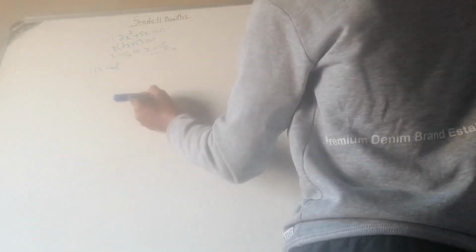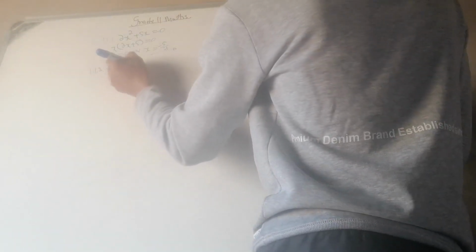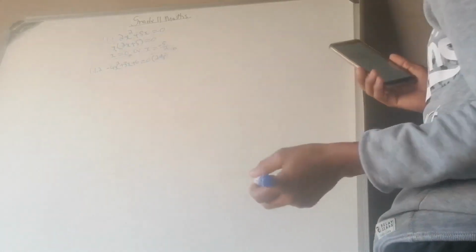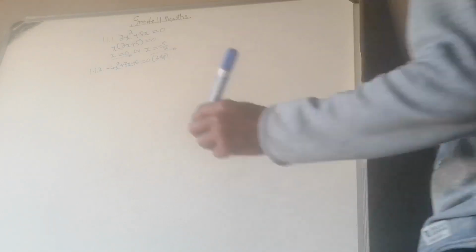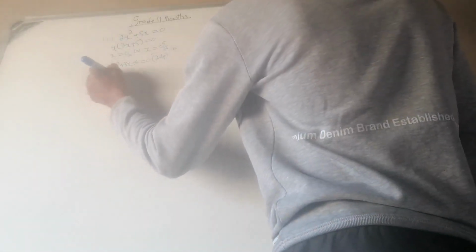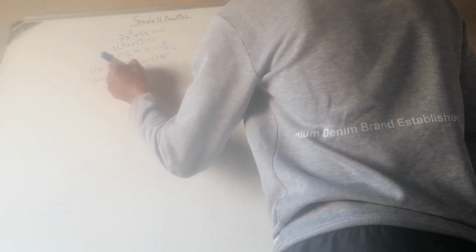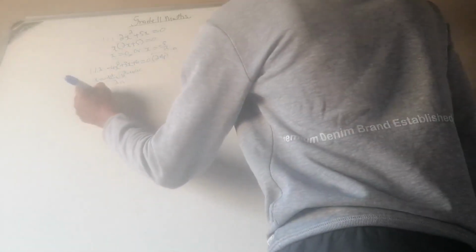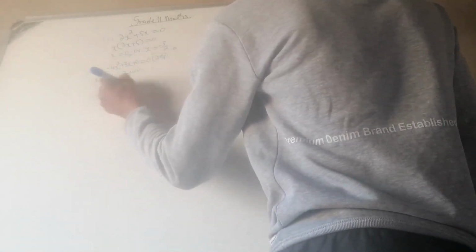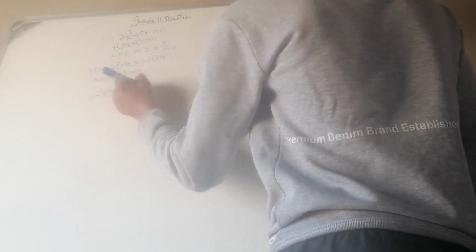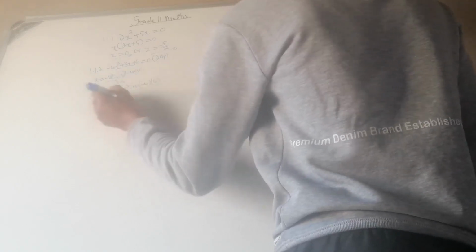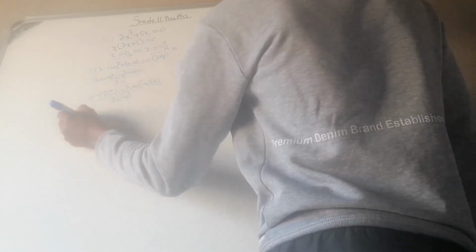1.1.2 they said minus 4x squared plus 3x plus 6 equals 0, correct to 2 decimal places. That tells you to use the quadratic formula, x equals minus b plus or minus the square root of b squared minus 4ac, all over 2a. With b being 3, we have minus 3 plus or minus the square root of 3 squared minus 4 into a, minus 4, into c, positive 6, divided by 2 into a, negative 4.